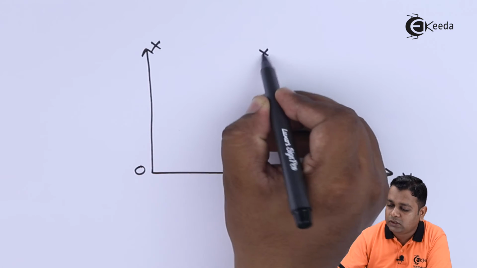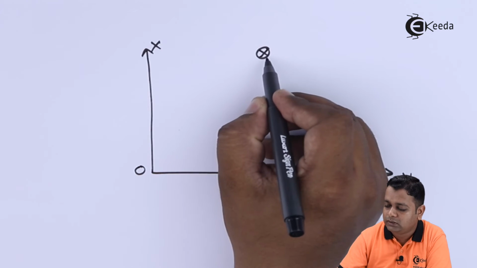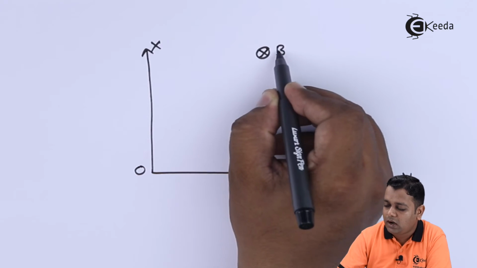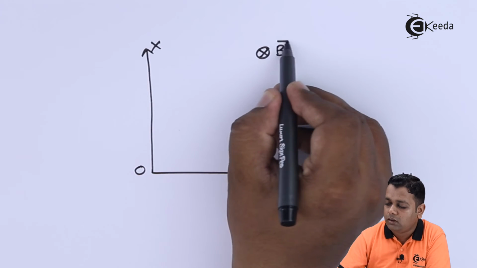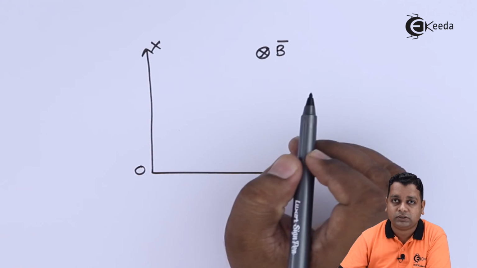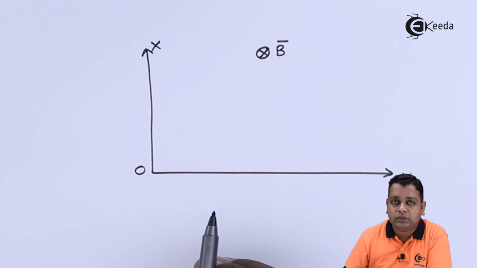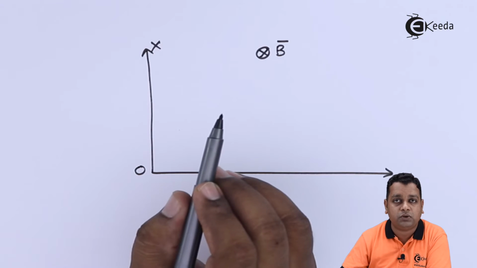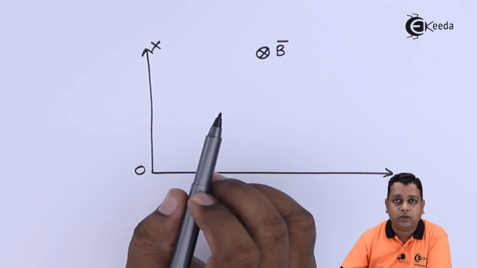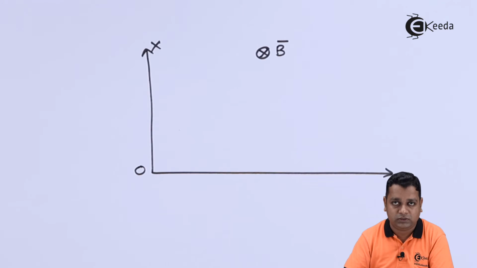So this direction we can take to denote the presence of magnetic field. This is inside the page, and for denoting the magnetic field we have the vector B bar here, the magnetic flux density. Now if a certain electron enters into the presence of this magnetic field, first of all we can denote its velocity.